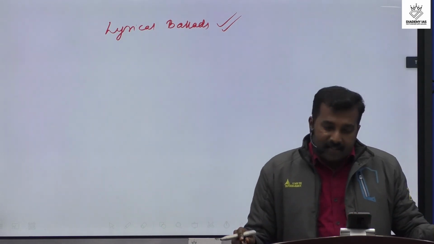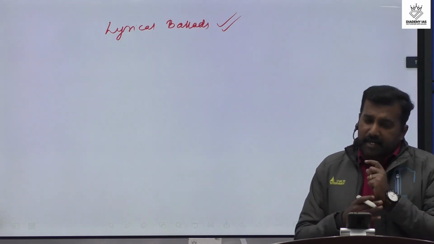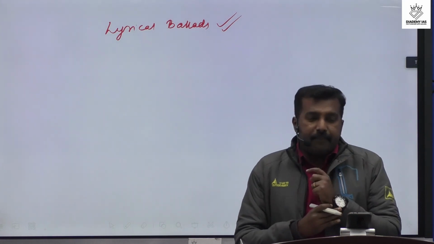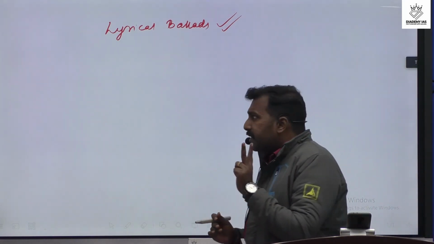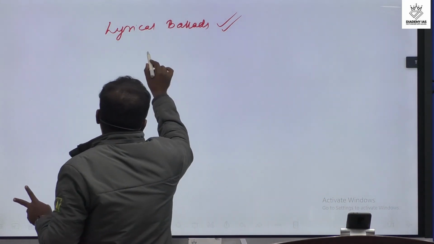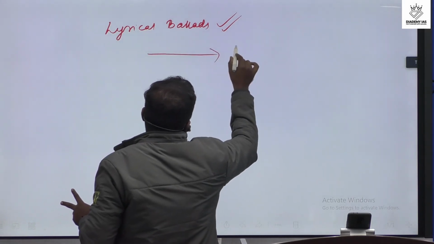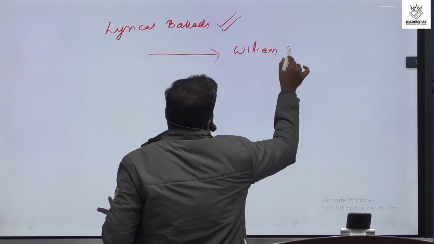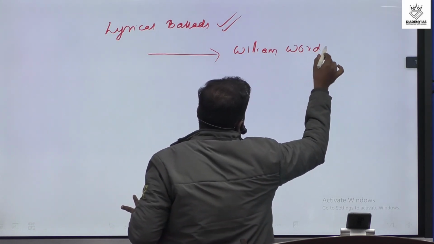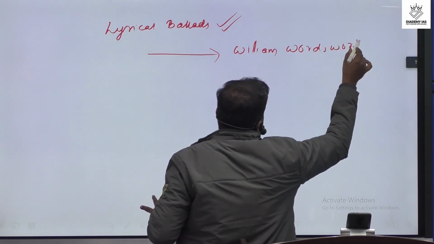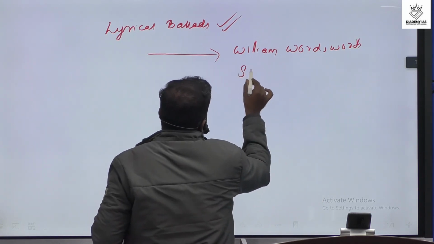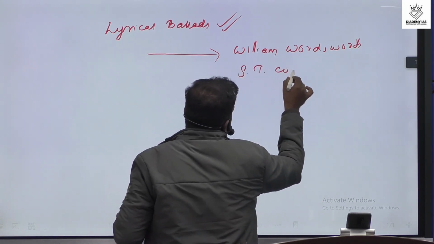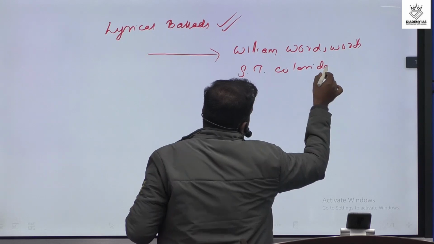And we know that this is a literary work by two important writers. Which are the two important writers? William Wordsworth and Samuel Taylor Coleridge, S.T. Coleridge.